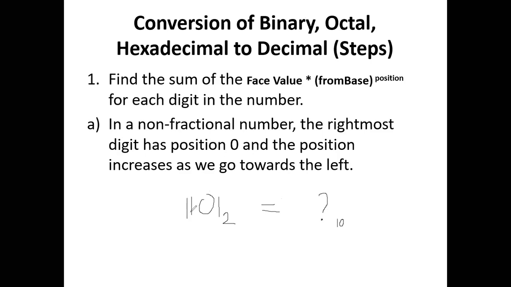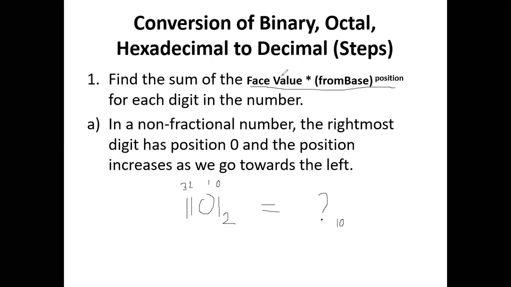When you want to convert from base 2 into base 10, you get the position value for each of these digits, and then you add them together. So here we are saying find the sum of the position values for each digit in the number. So this is position 0, this is position 1, this is position 2, this is position 3.